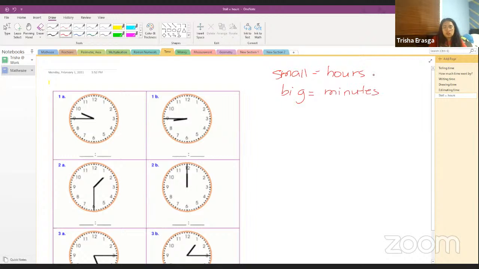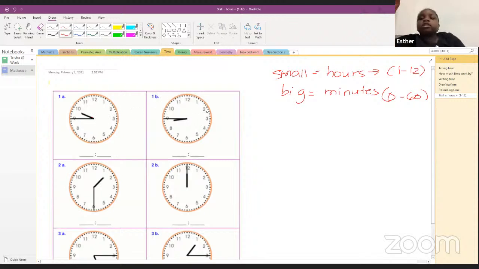When you look at this, you count from 1 to 12, and then your minutes would be from 0 to 60. For your hours, you just look at where your small hand is pointing. The hour is the small hand.